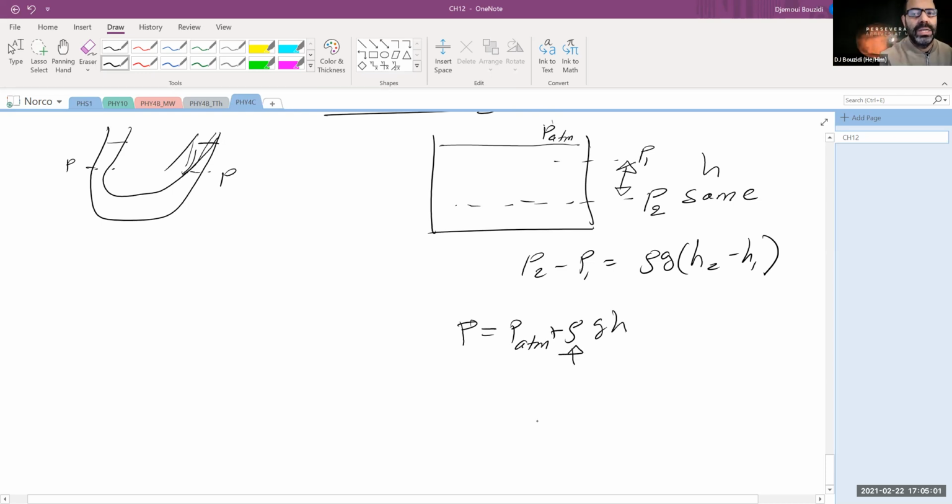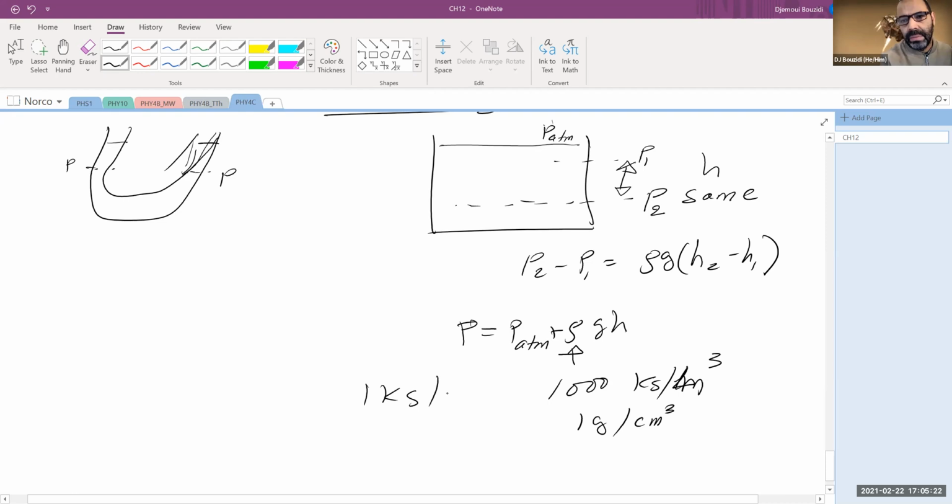For the case of water, it's known to be 1,000 kilograms per cubic meter, okay? Or if you wish, 1 gram per cubic centimeter, it's the same thing, okay? Or it's 1 kilogram per liter. Okay, they're all the same.